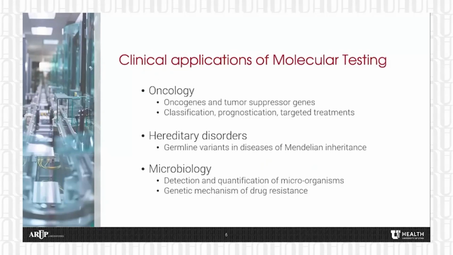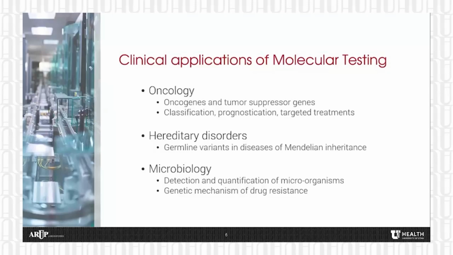Of course, you all know molecular testing has applications in different categories. In oncology, you can detect mutations in oncogenes or tumor suppressor genes, which give you information for classification, prognostication, or therapeutic decision making. For hereditary disorders, it will detect germline mutations in diseases of Mendelian inheritance, and of course has implications for patient and patient's family.